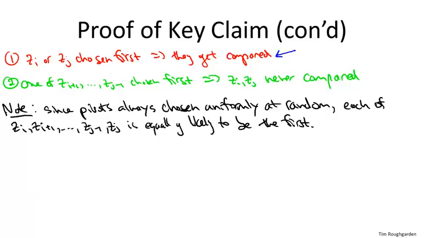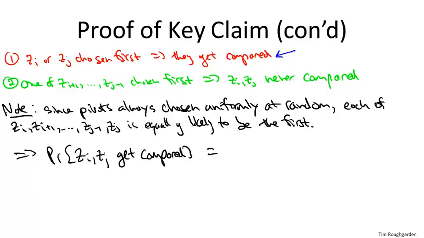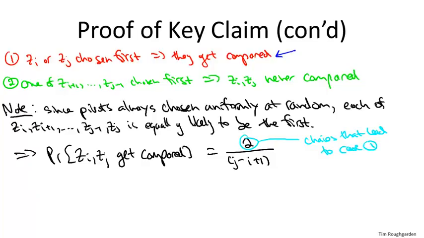So overall, because everybody's equally likely to be the first pivot, the probability that z_i and z_j get compared is exactly the number of pivot choices that lead to a comparison divided by the number of pivot choices overall. And that is exactly the key claim.